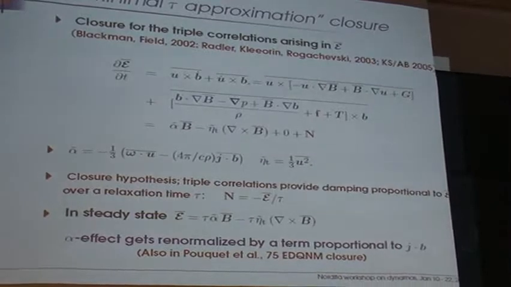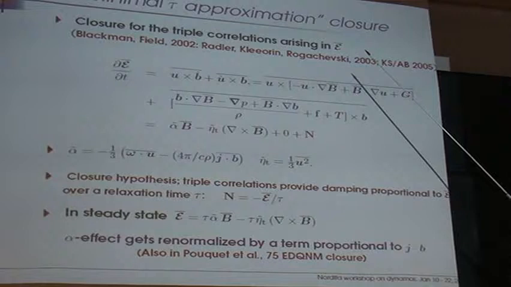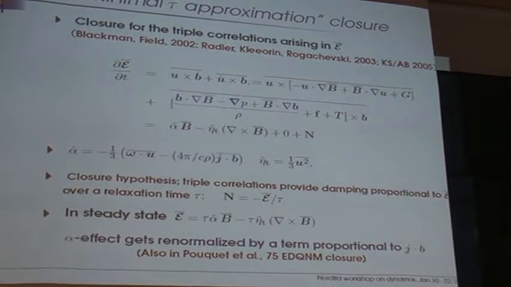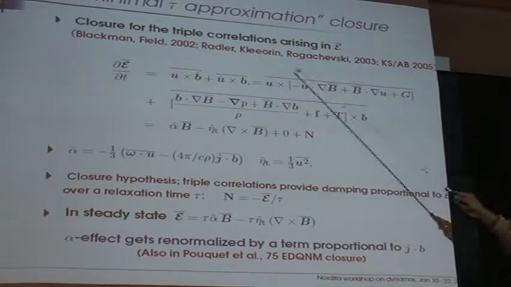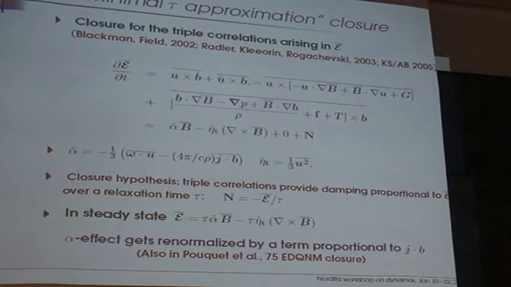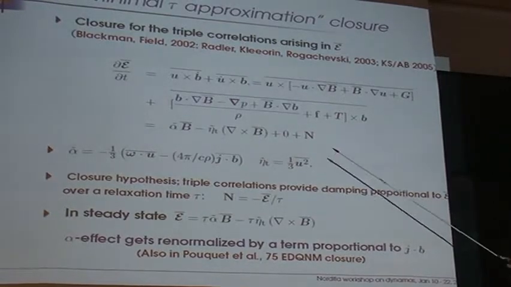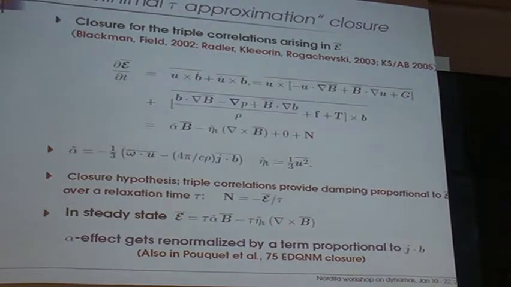The drastic closure, which was suggested by, I think, maybe Kraichnan, Robchevsky in other contexts, and then Zeldovich and Field in some other context, and Axel and I just worked it out in great detail following the paper of Radler, Kleeorin, and Ruzmaikin, is that you say that all these nonlinear terms just contribute a damping of the EMF with some relaxation time tau.